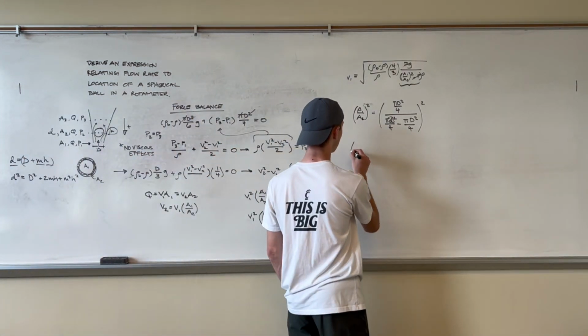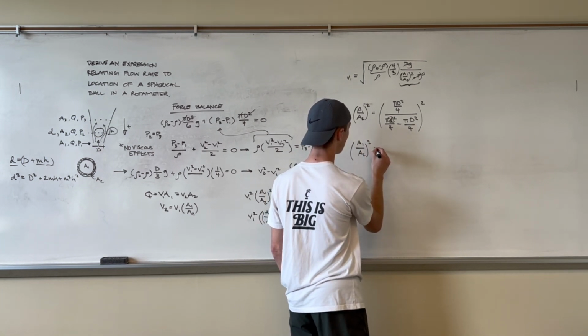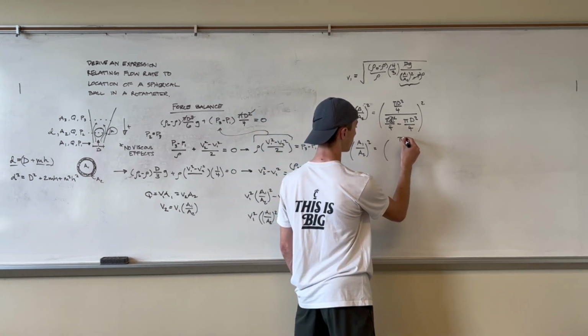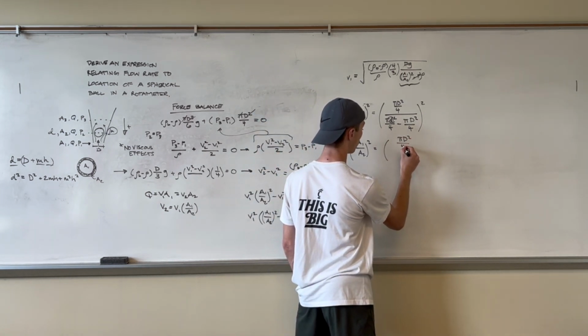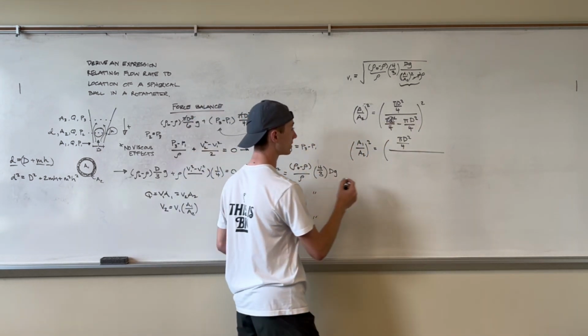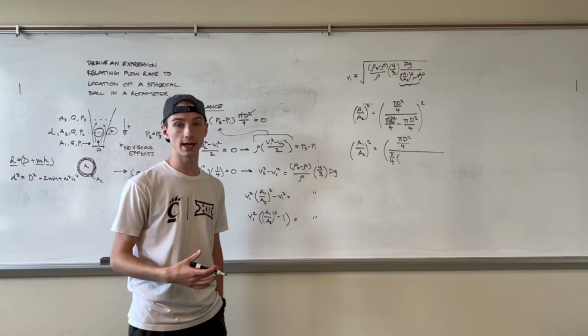We get A1 over A2 squared is equal to, we still have pi d squared over 4 on top. On the bottom, what this really boils down to is pi over 4 times the difference in the diameter squared, right?